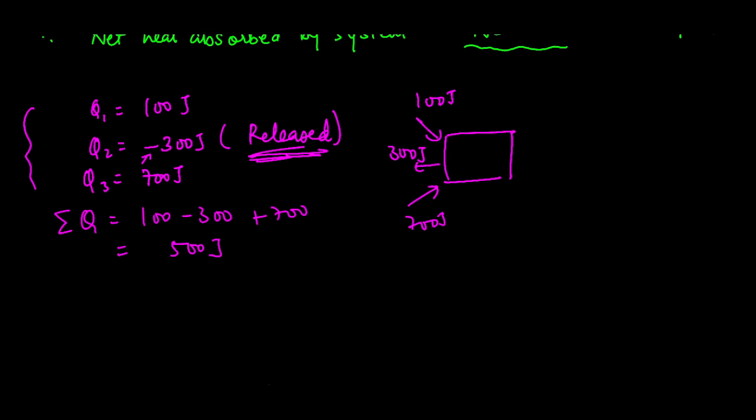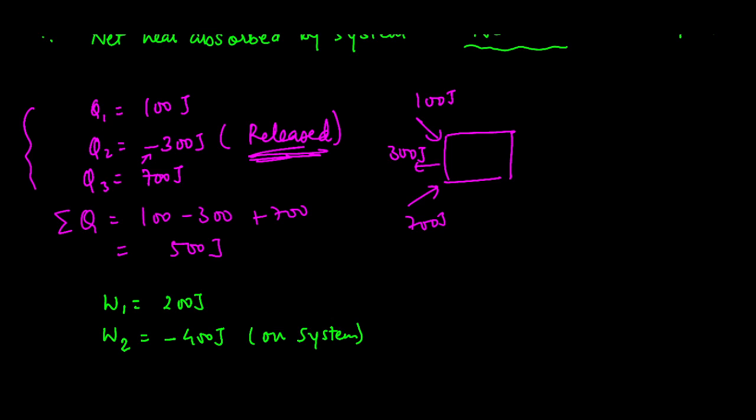So suppose along with it we talk about some works. Let's say work done in the first process by the system is, for example, 200 joule. Suppose work is done on the system in the second process, 400 joule. So that would be negative because it is on the system.